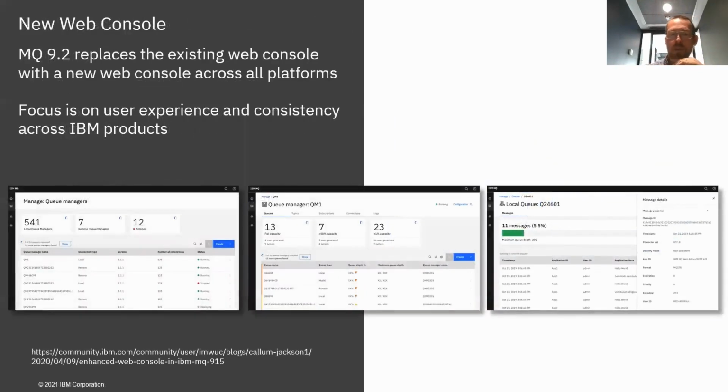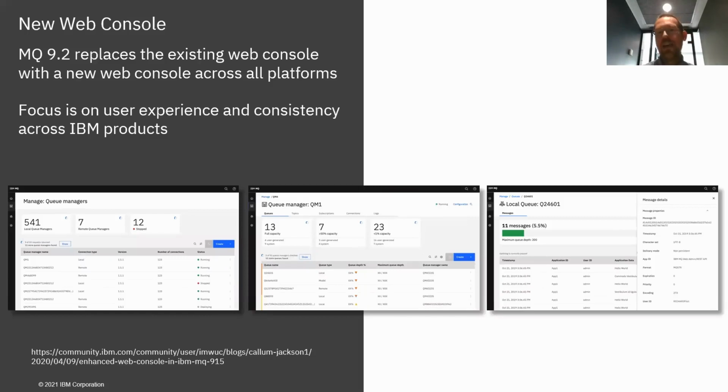The new web console. So for those of you who've not tried it, the MQ console, or the web console, is basically a browser-based way of connecting into MQ, seeing what's going on and configuring it. This provides equivalent function to MQ Explorer, which many customers use, but it doesn't require you to install anything on your laptop. Instead, you just need a browser, right?